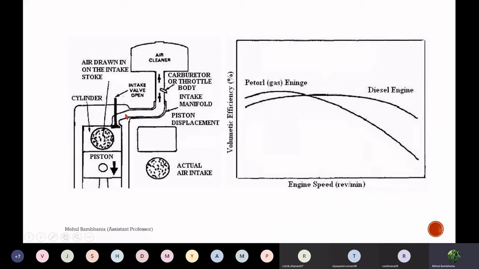So air can easily enter even at a higher RPM, when the valve opening time is very small. Air is lighter and has a smaller weight, so it can enter quickly inside this passage. Generally fuel is injected separately in the diesel engine. So volumetric efficiency in the diesel engine is almost constant, but it is a severe case in the petrol engine.